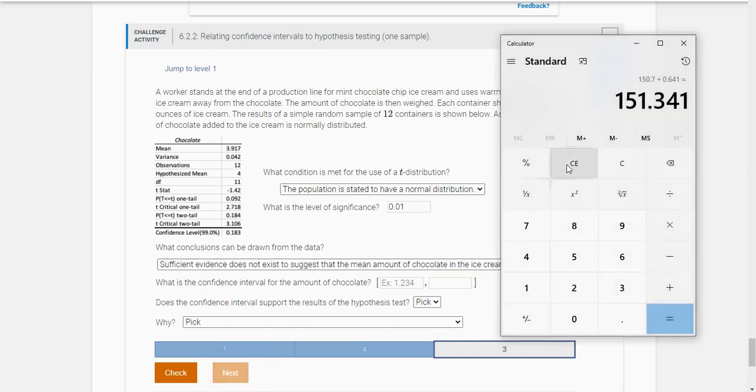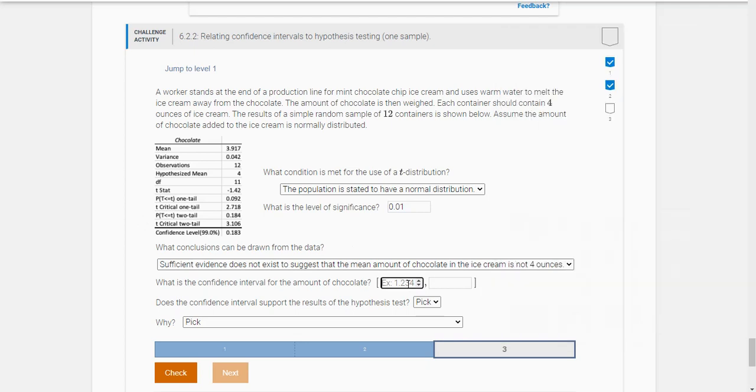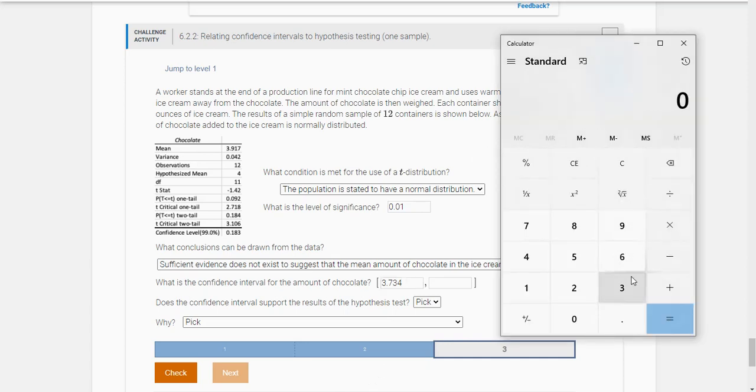Again, you take your mean, 3.917, and subtract away the margin of error for your lower bound, which gives 3.734. For the upper bound, you take that mean and add, and you get 4.1.